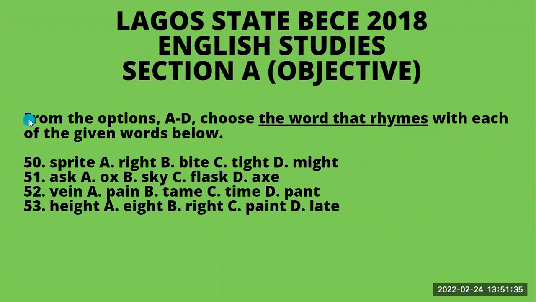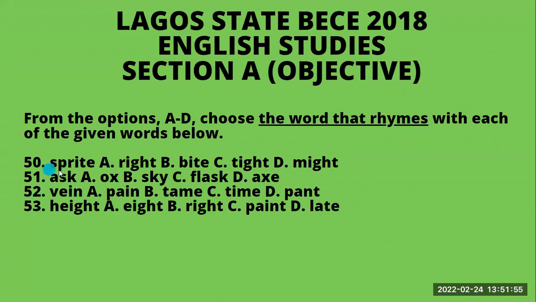Now, the instruction is as follows. From the options A to D, choose the word that rhymes with each of the given words below. Remember, we define rhymes as sameness of sound or when sounds are similar. So we are looking for a similar sound.